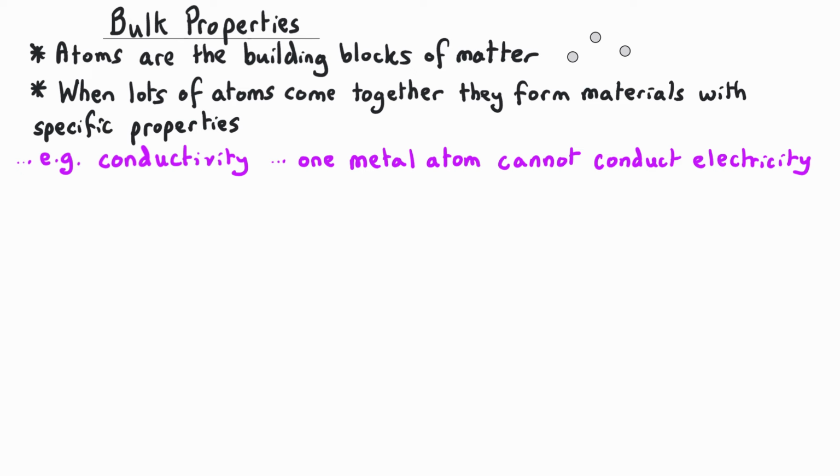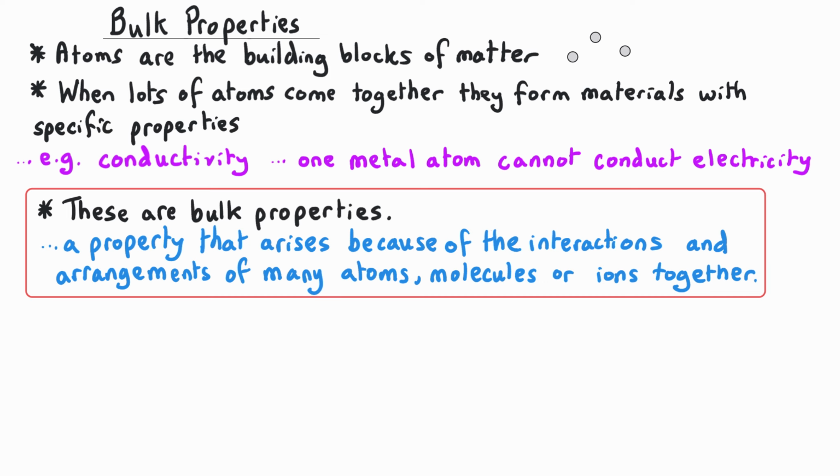One metal atom, one atom of copper, for instance, cannot conduct electricity. Conductivity is a bulk property, which means it only arises because of the interactions and the arrangements of many atoms or molecules or ions joined together. So this property is the same whether you have 1,000,000 atoms or 1 billion billion.